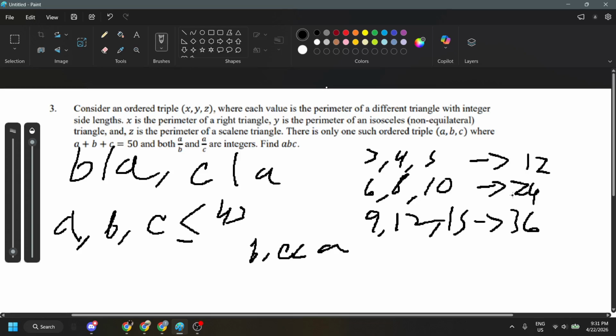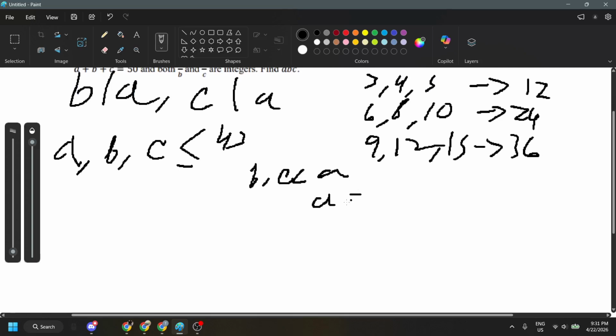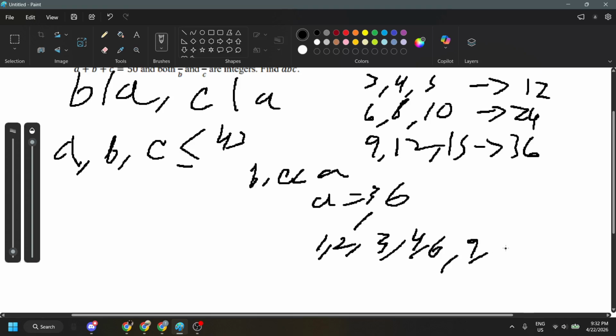So 24 is 12, 12, 12, 24 is less, so let's say A is equal to 36. Then the factors of 36 are 1, 2, 3, 4, 6, 9, 12, 18, 36. Okay, these can work.